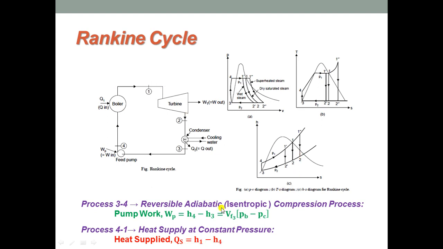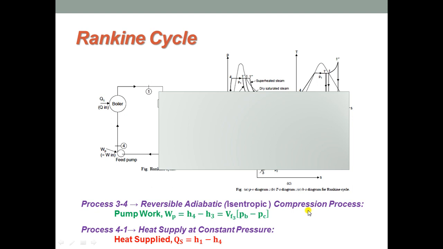Heat supplied during this process is given by H1 minus H4, that is sensible heating plus latent heat is considered. So, we write heat supplied as H1 minus H4, and this is the expression used to determine the heat supply at constant pressure. The process of heating is maintained constant. You can see here, this is a constant pressure line and it is the boiler pressure.